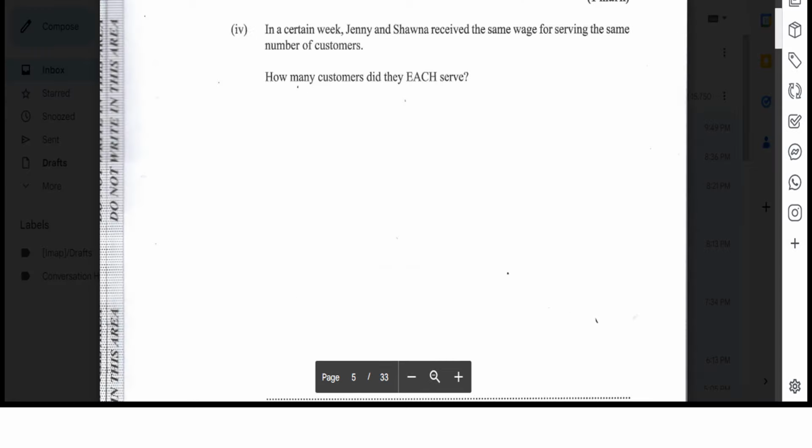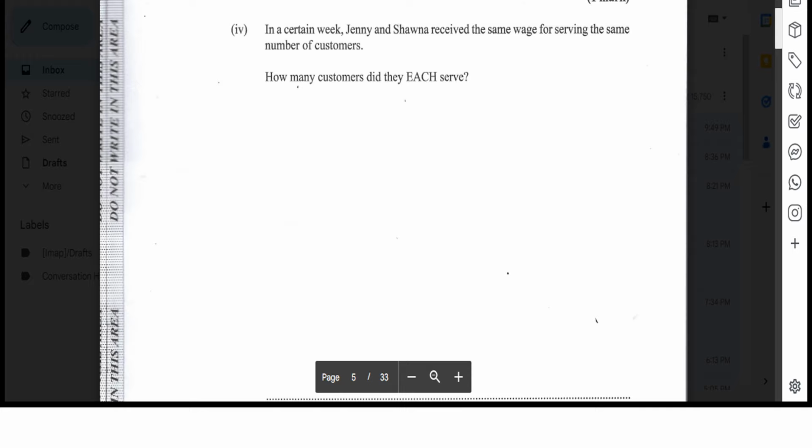The fourth part of the question reads, in a certain week, Jenny and Shauna received the same wage for serving the same number of customers. How many customers did they each serve?